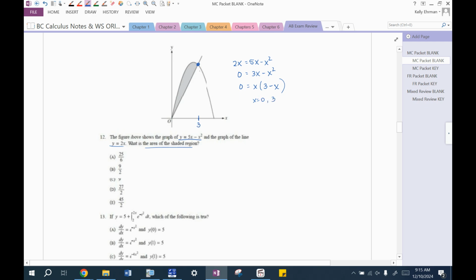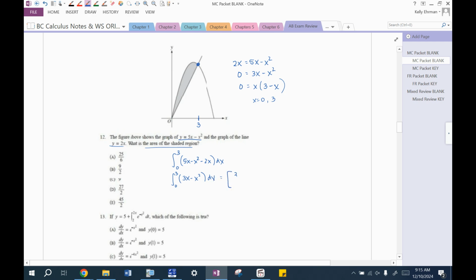So now I know that's 3. So the area is the integral from 0 to 3 of top minus bottom. So 5x minus x squared minus 2x dx. And since this is still no calculator, I'm going to simplify that. So that's 3x minus x squared dx.